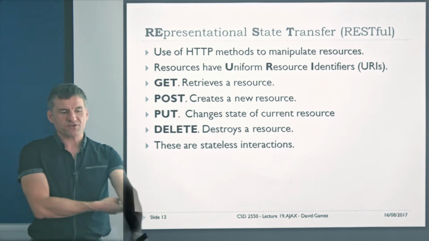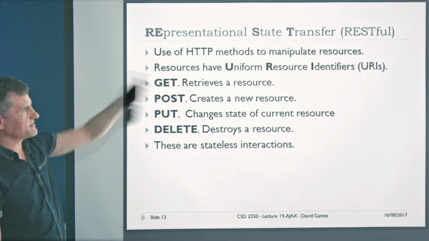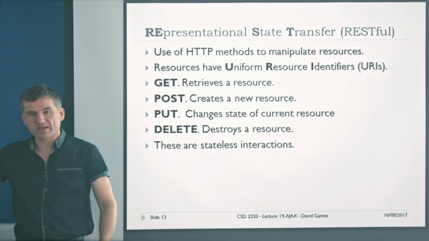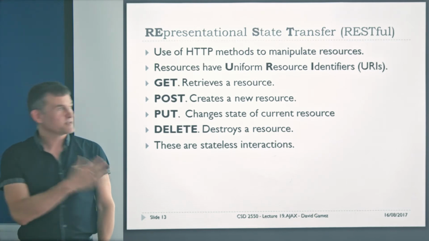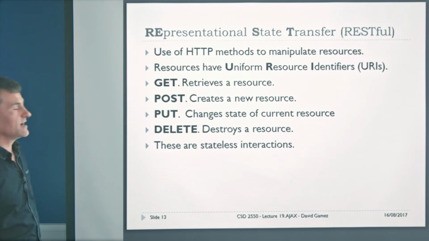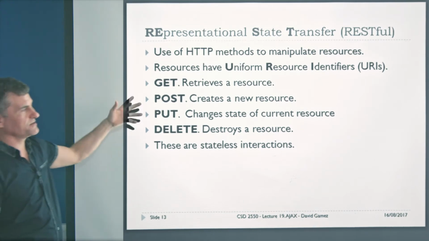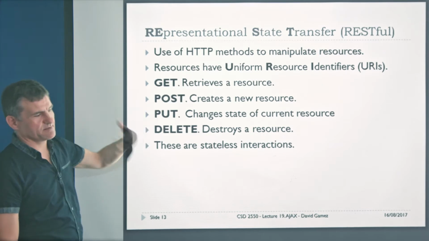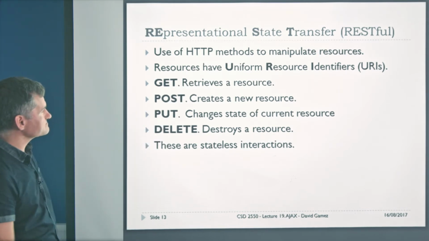If you're applying for jobs, you'll often see RESTful as one of the keywords in the list of complicated technical keywords. So I'm going to say a little bit about what that means here. And if you're feeling keen, in your third piece of coursework, you could use HTTP in a systematic, RESTful way to manipulate resources on the server.